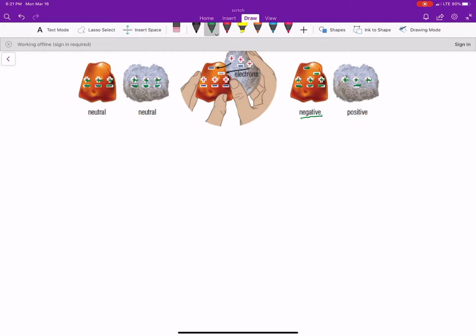So we're going to look at an example where they're both neutral. And then what we'll say is the charge transferred between them is 800 nanocoulombs. So they're both neutral, and then one of them gets plus 800 nanocoulombs.